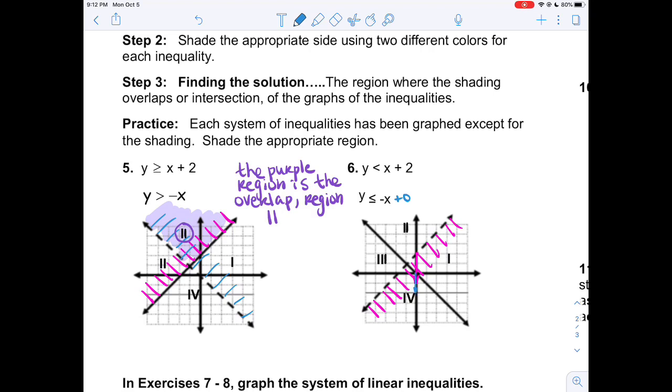So it's going to be shaded this direction. And so I can see that my overlapping area is this area right here where the pink and the blue are crisscrossing, and that is region 4. But let's go ahead and plot this in Desmos just to confirm what we just found.